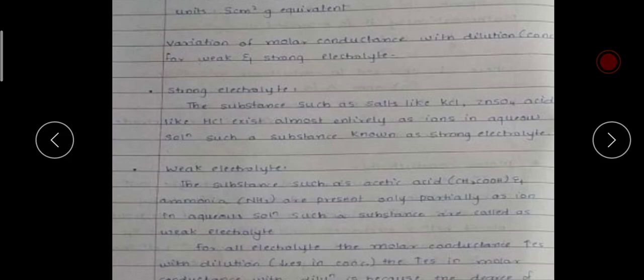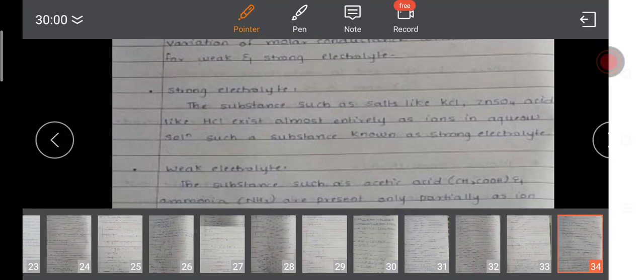For all electrolytes, the molar conductance increases with dilution, that is, with decrease in concentration.